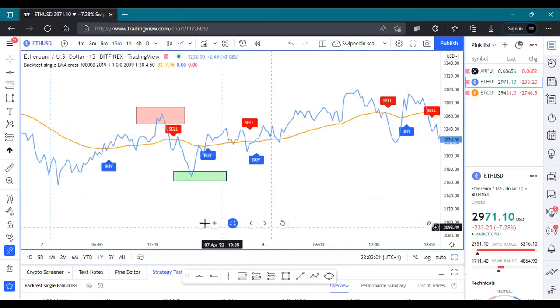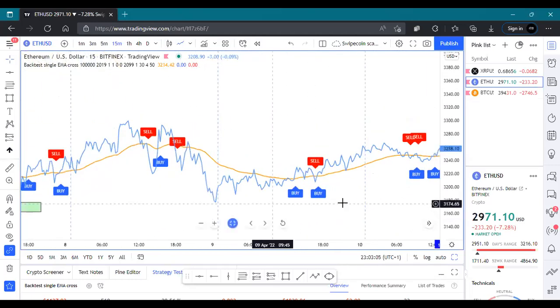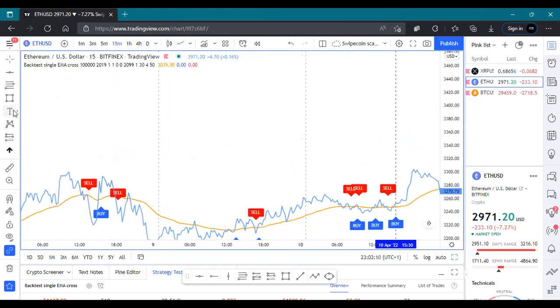So we have a rule that we must follow when we're looking for these touches.